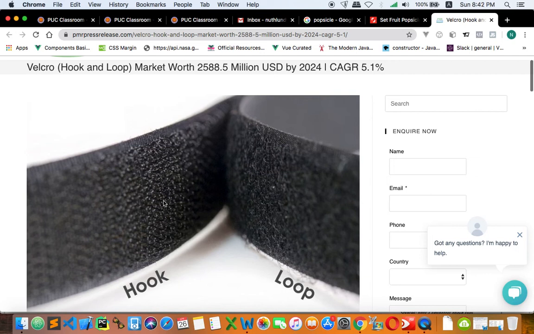It's like a hook. If you compare it to some kind of physics or chemistry, this one can be a plus sign, and this is a minus sign. When we put them together, it's going to be sticky.